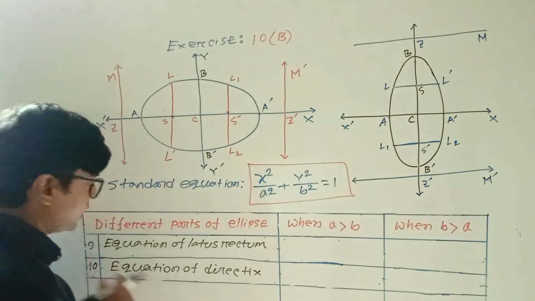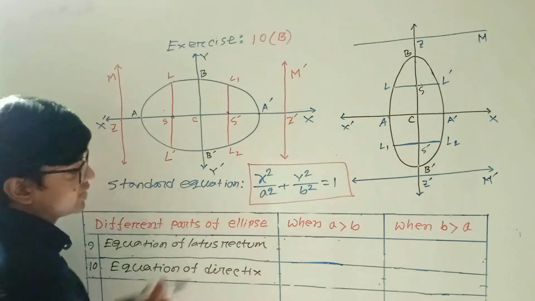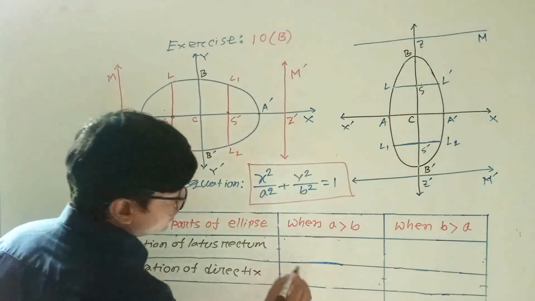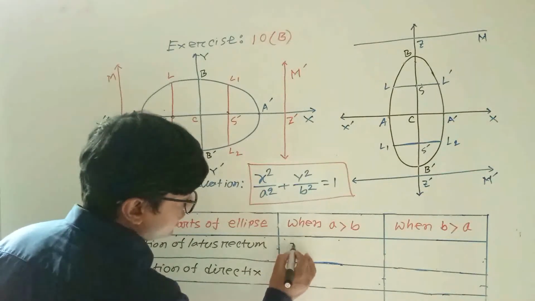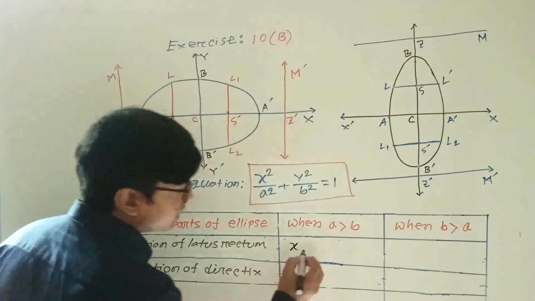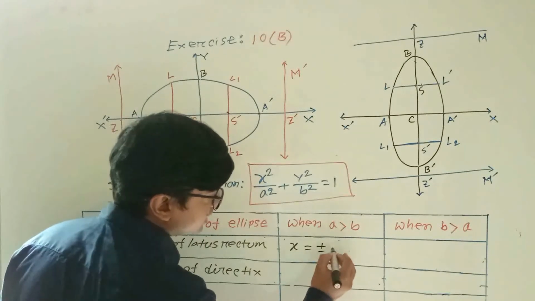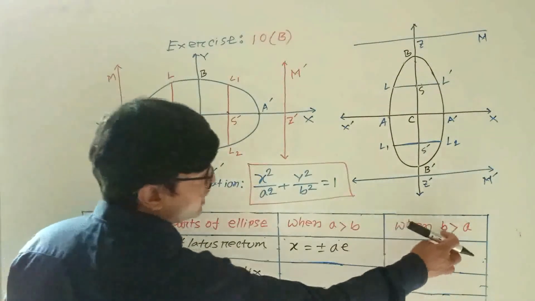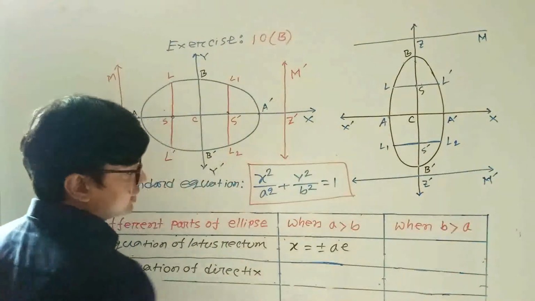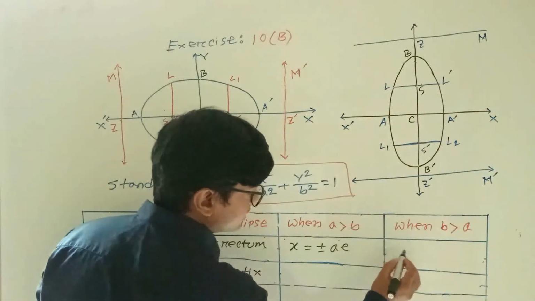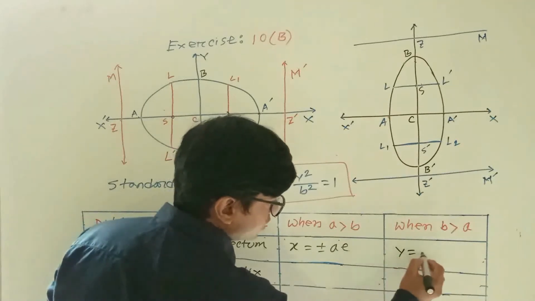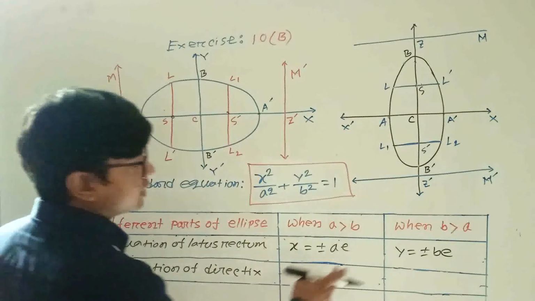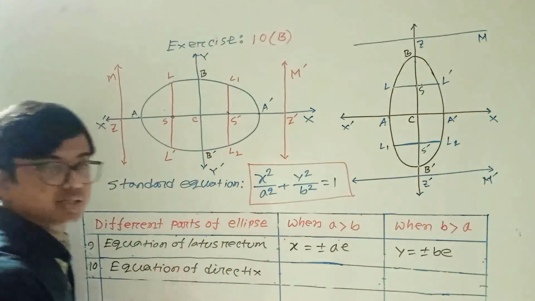Now formula number 9, equation of latus rectum. So we can write x equals plus minus A E, and when B is greater than A, then equation of latus rectum will be y equals plus minus B E. This is the equation of latus rectum.